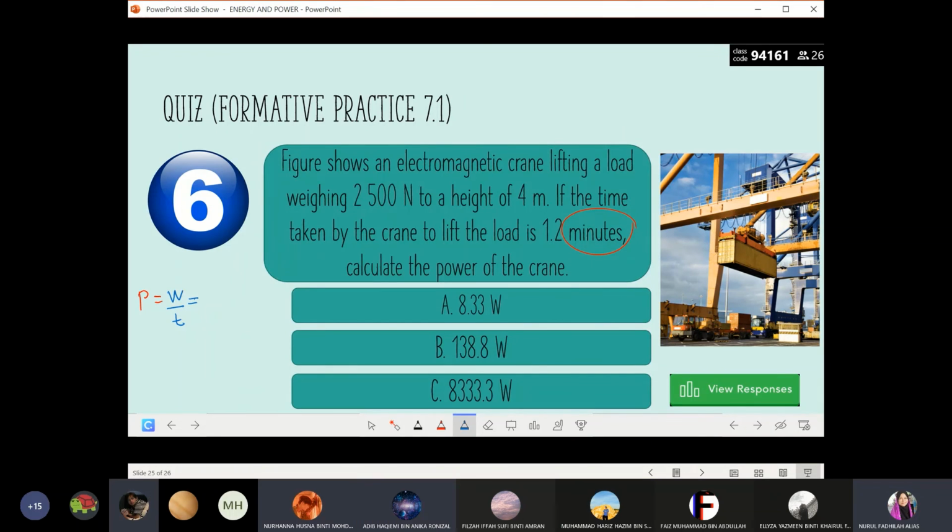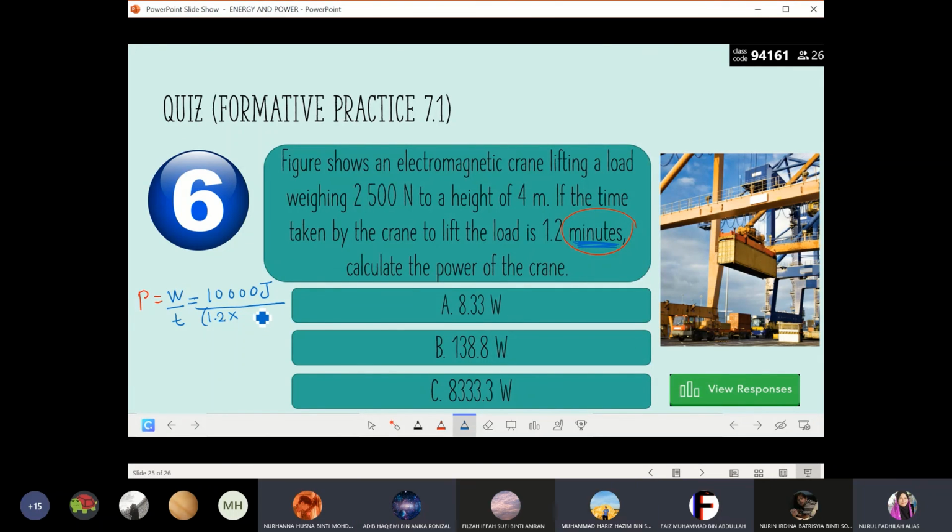10,000. What's the unit? Joule. Now, what is the time taken? 1.2, but the unit is in minutes. So what do you need to do? Do you divide or times?